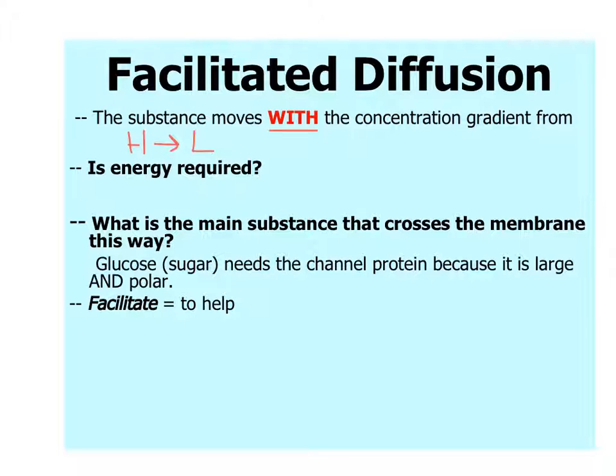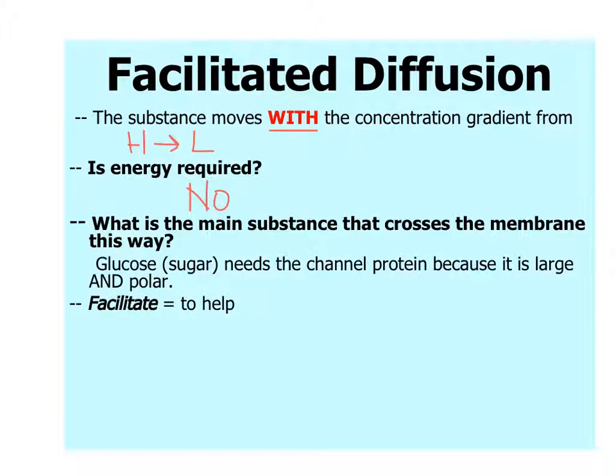Now let's see if you remember this. Is energy required from the cell whenever substances are moved from high to low concentration? Let's see if you remember. You're right. The answer is no. No energy is required whenever you move with the concentration gradient from high to low concentration.